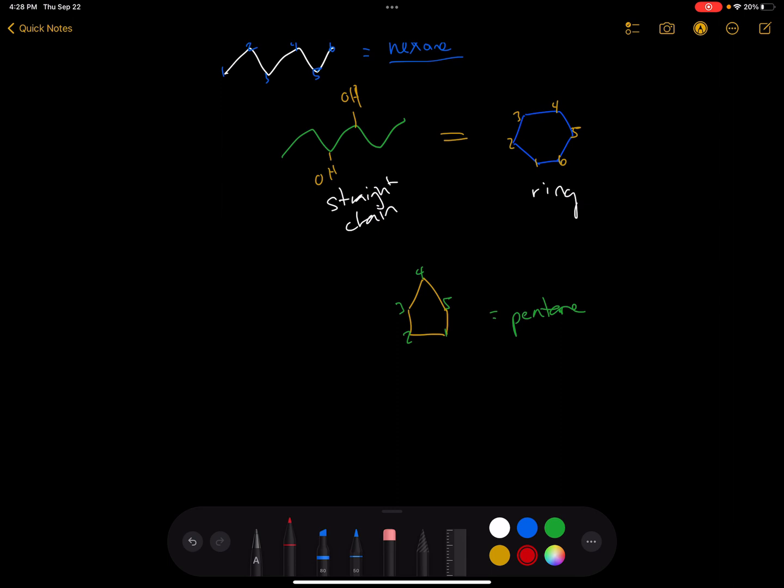Or if I wanted to draw it in a straight chain, 1, 2, 3, 4, 5. There you go. So this and this are essentially the same thing at the moment, but then when I start adding my functional groups to it, it's going to determine the characteristics and what my molecule is going to do.